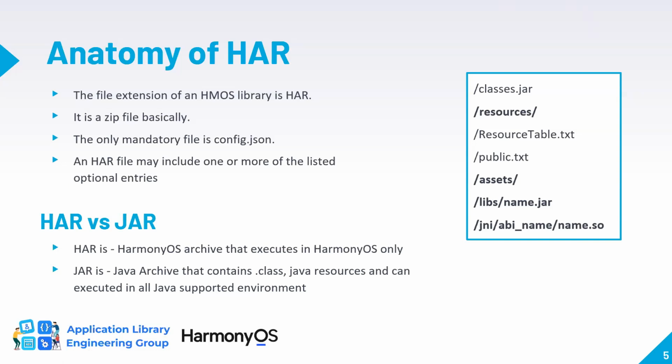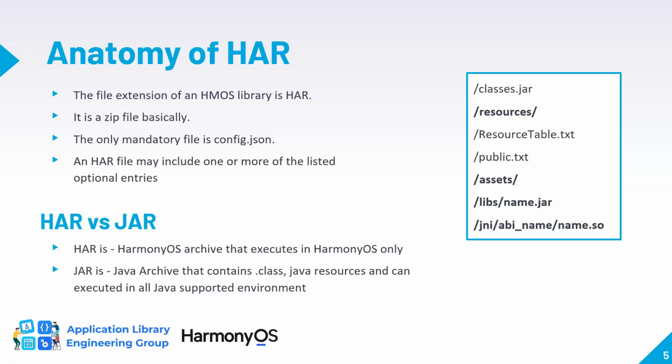So whatever you are seeing in the right section, there can be public.txt, there can be assets, or not, again depending upon the resources which we have put over there. This is the internal structure of an HAR file, and there's another word, JAR. In the same way we have HAR for Harmony OS, JAR is basically for any platform which supports Java.